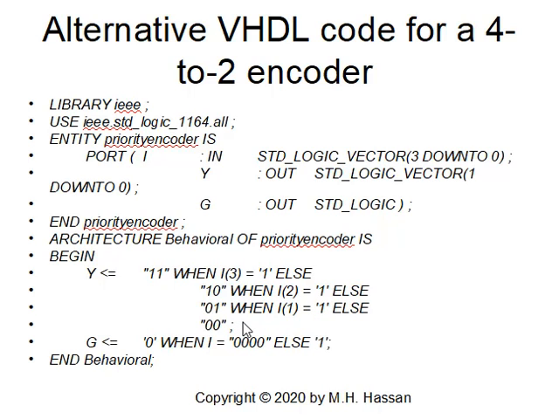So again, this will be a priority encoder, 4 to 2 encoder. G will be 0 when I is 0, 0, 0, 0, else it will be 1. So G again could easily be defined, and this will be a priority encoder with output G.